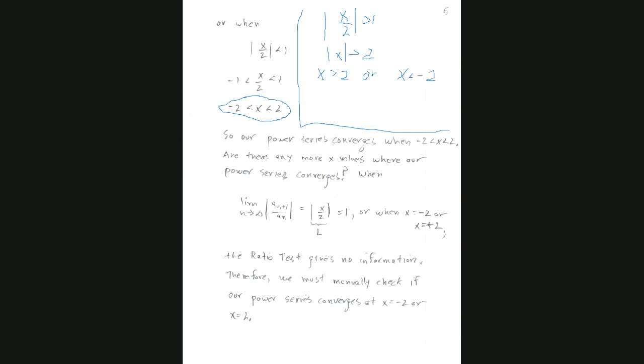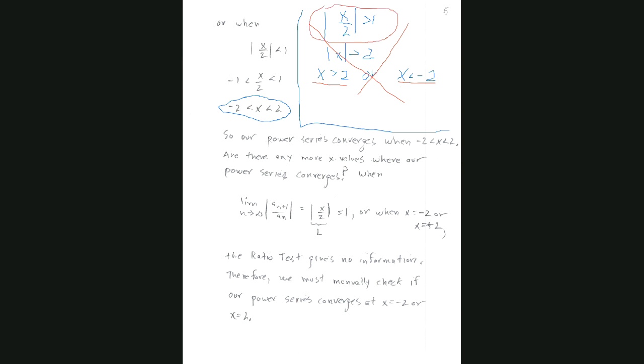Well, over those x values, the power series diverges. So I'm going to put a big X there. These x values, when x is greater than 2 and x less than negative 2, for those x values, the absolute value of the common ratio is greater than 1.